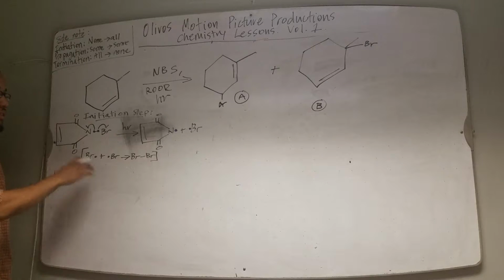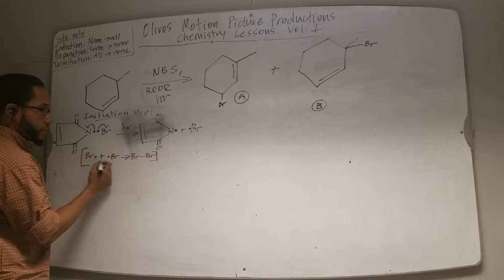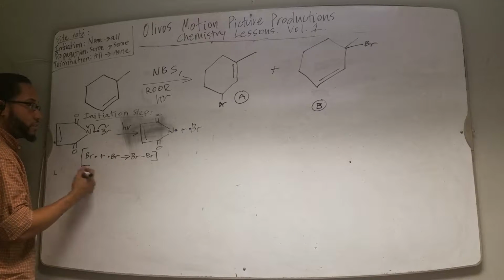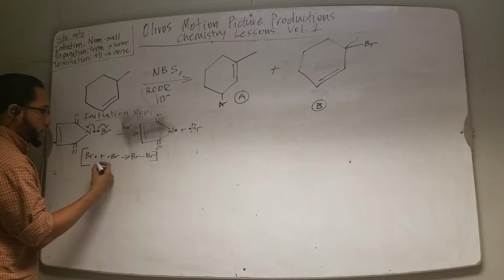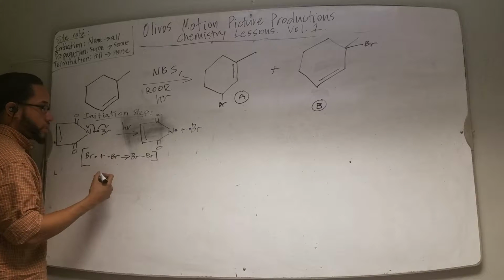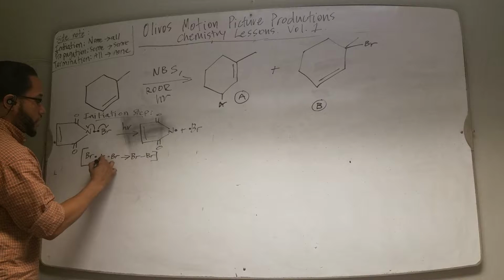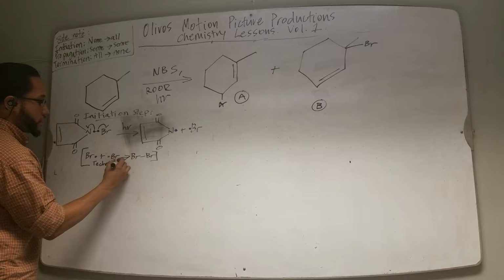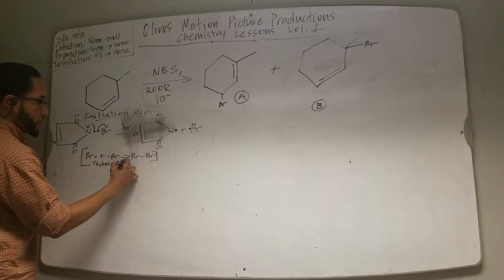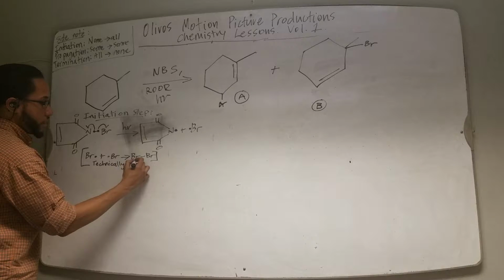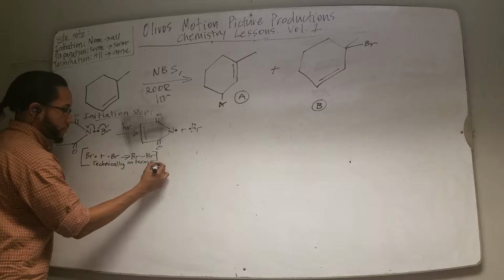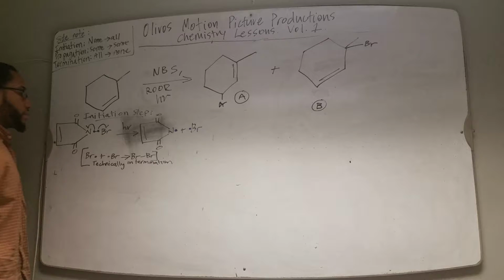You want to have it displayed so you don't lose any points when you are developing this process. You're showing the way because it's going to make more sense later on where the bromines come from. So this is technically in termination.